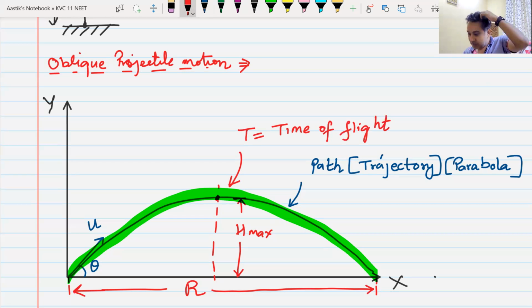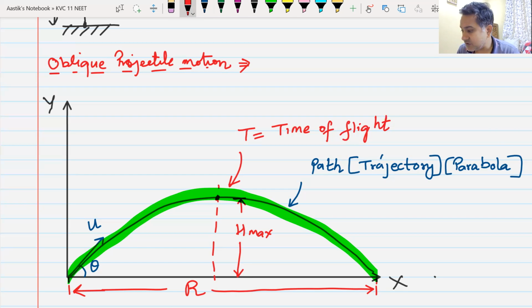Now to understand this motion, this is motion in 2 dimensions. We can break this motion into 2 parts. To understand motion in a plane, we can break the motion into 2 parts.